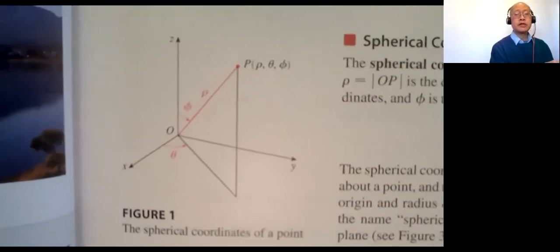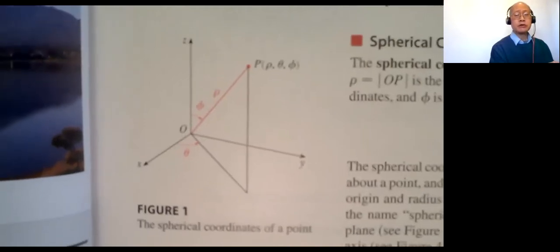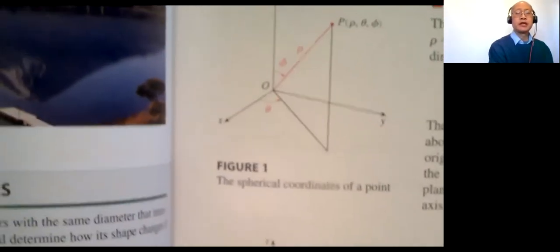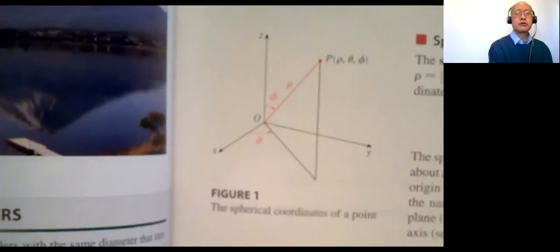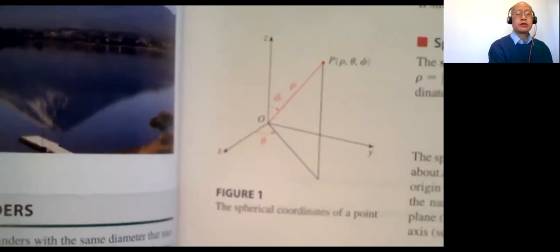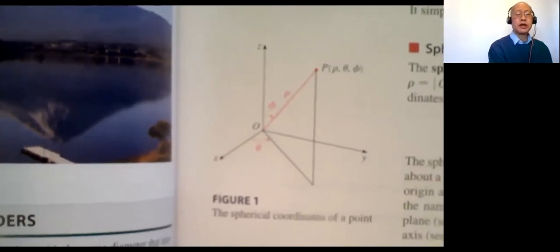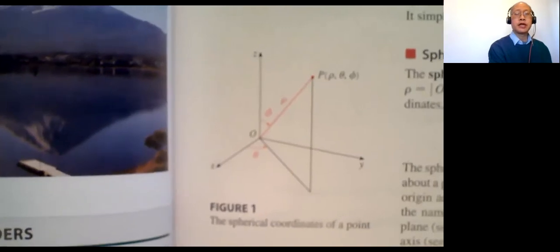So 1 distance, 2 angles. Now what do we have? Well, of course x, y, z, you're comfortable with that. It's 3 distances: an x distance, a y distance, and a z distance. Cylindrical coordinates, we had 2 distances and 1 angle: r, theta, and z. r and z are distances, and theta is an angle.